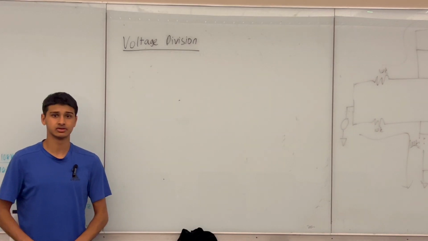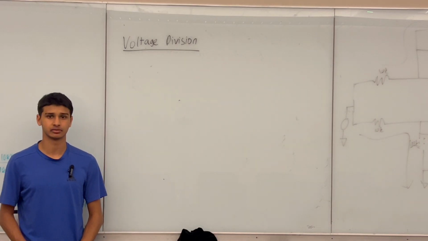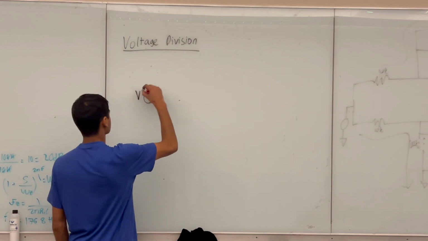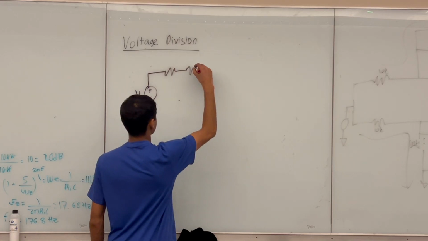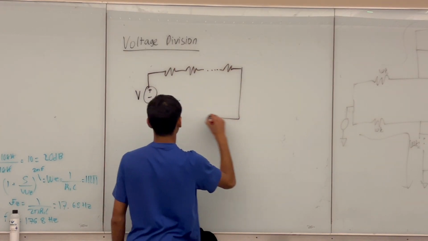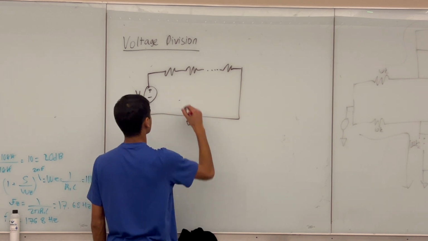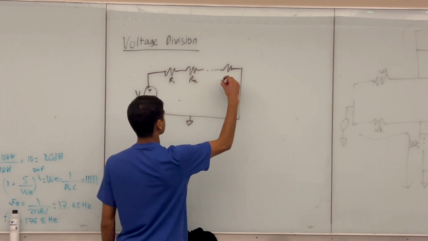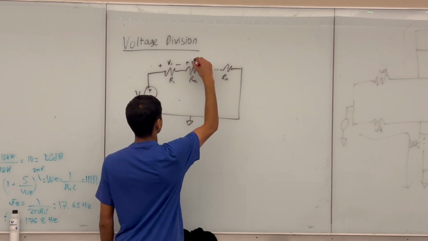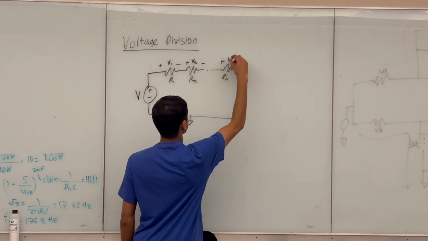So the next thing I'm going to do is just generalize the voltage division formula that I wrote down earlier. So if I have a voltage here that's applied across a couple of resistors, R1, R2, and Rn, with voltages V1, V2, and Vn.